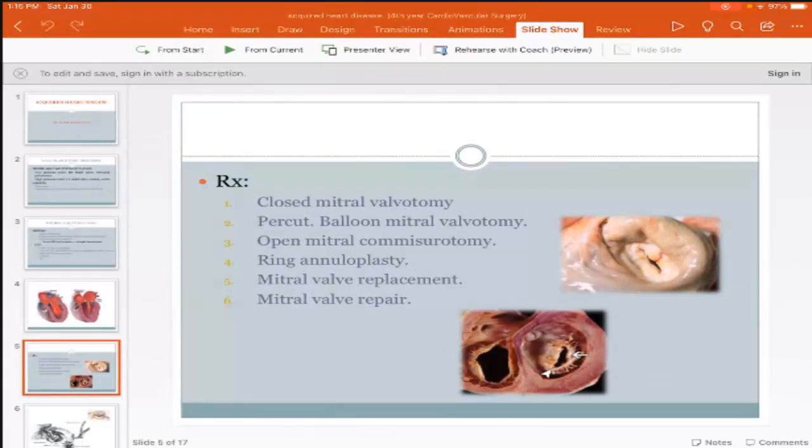Always we keep it as a commissurectomy, or maybe sometimes we do a ring annuloplasty to support the annulus, especially when we have mitral valve prolapse, especially of the anterior cusp, not the posterior cusp. The most important in the mitral valve is the anterior cusp. It contains 2/3 of the size of the mitral valve, and the posterior cusp only takes 1/3 of the diameter.